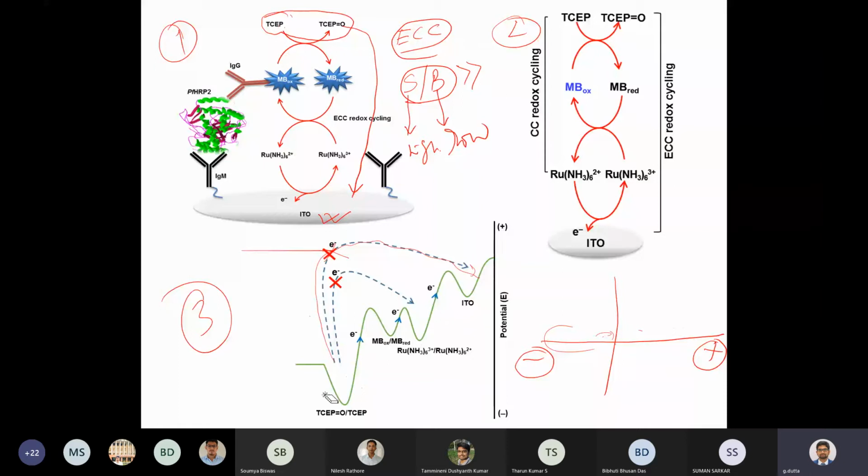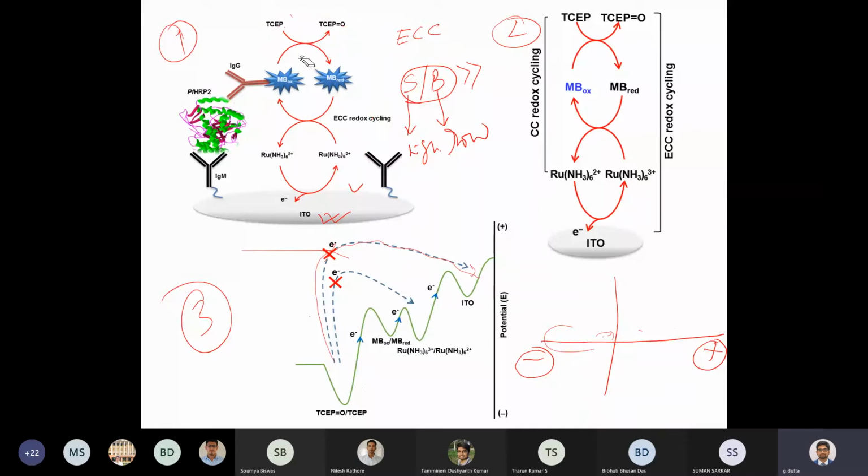But I mentioned, if you see this arrow, they are going smoothly, no cross here. Why? T shape will react with methane blue, which will react with the ruthenium hexamine, then will react with the ITO. So this reaction should go smoothly.